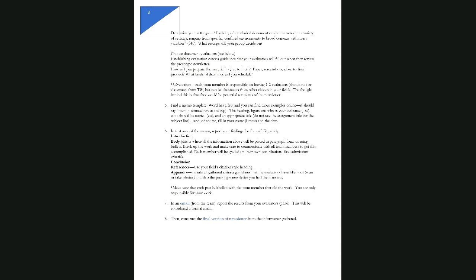And then evaluators. Whoever gets this last section, somebody has to come up with criteria and guidelines. When you roll out your newsletter, you're going to have to pick 1 to 2 evaluators. Shouldn't be classmates from technical writing, but they should be from other classes. So grab some friends from your other classes that you have made, lab buddies, whatever it may be, and you're going to send them this newsletter, and they're going to have to evaluate it.